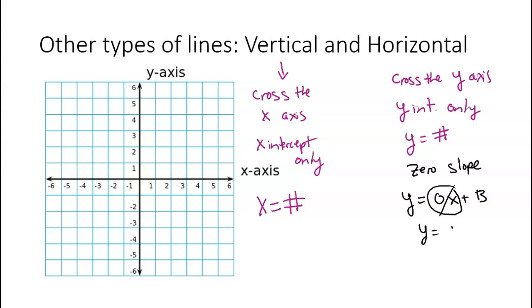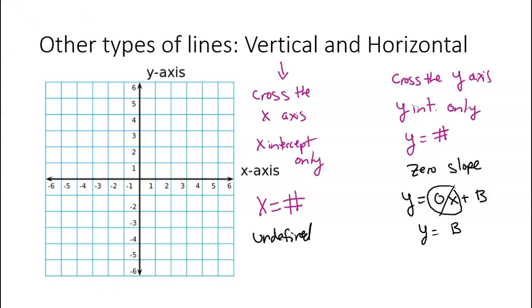So you'll really just be left with y is equal to b. So your number is your y-intercept. But for vertical, this is actually undefined slope, right? So undefined slope, which means I can't write it in the y is equal to mx plus b form. So I have to know it's just a number. Okay. So what do I mean by this?